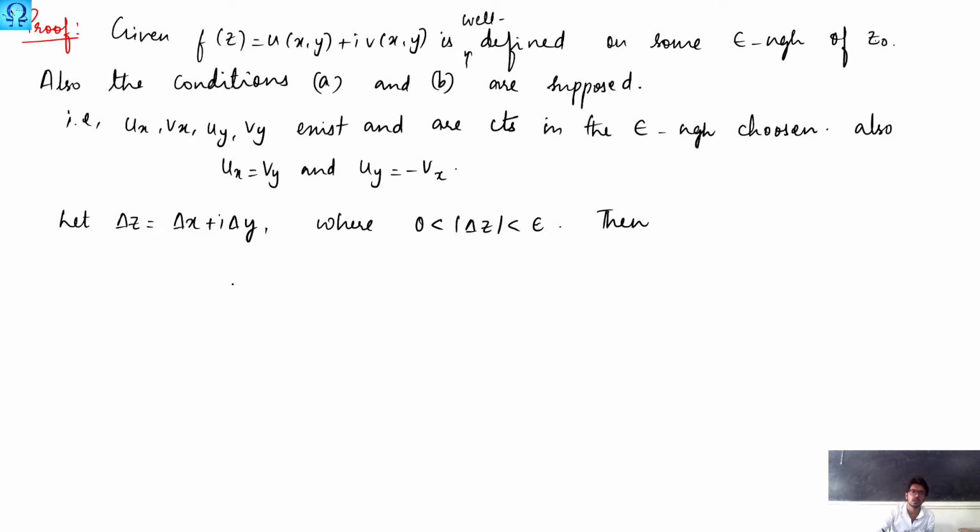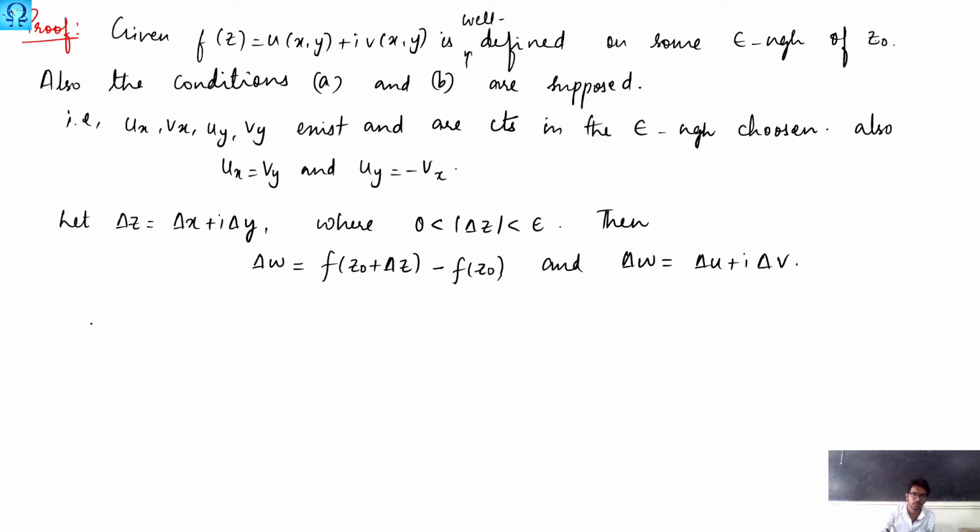Then we shall write delta w as f(z naught plus delta z) minus f(z naught), and we also know this delta w can be written as delta u plus i times delta v.